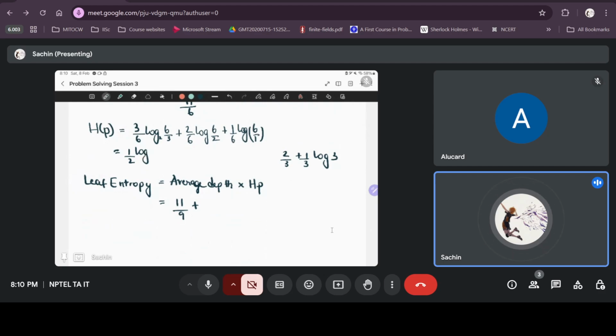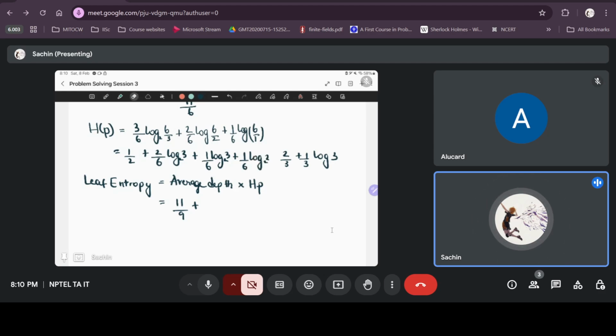Log of 6 over 3 is log 2. So log 2 to base 2 is 1. That's why we have a half. Then we will keep it as it is. 2 over 6 log 6 over 2 is log 3 to base 2. Then 1 over 6, we can write that as 1 over 6 log 3 plus 1 over 6 log 2, since 6 is 3 into 2. This is 1 over 6 log 3 base 2 plus 1 over 6 log 2 base 2.